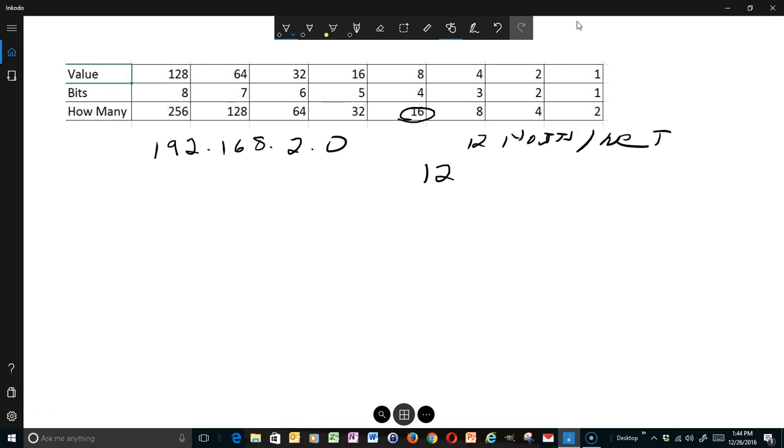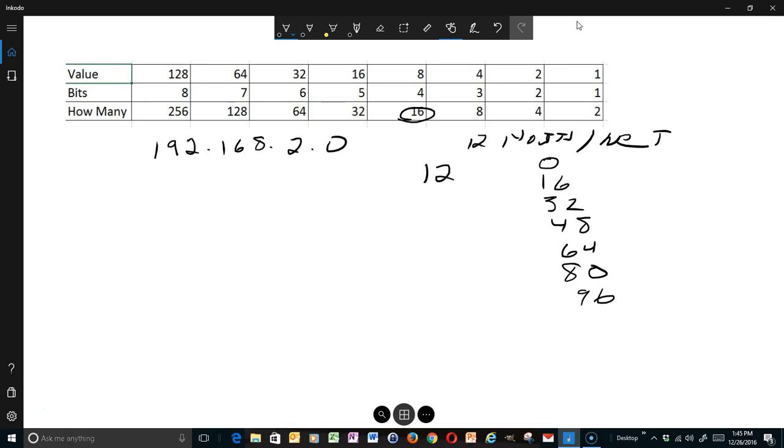So our subnet IDs are going to be 0, 16, 32, 48, and you keep adding 16 until you get all the way up. 48 and 16 would be 64, does that look right? 64 and 16 is 80. Does that look right? 80, and then we'll go with 96, and I'm going to quit because I'm going to run out of the ability to do math.